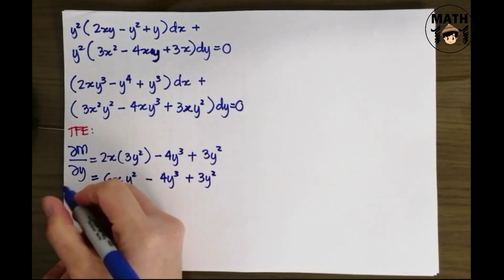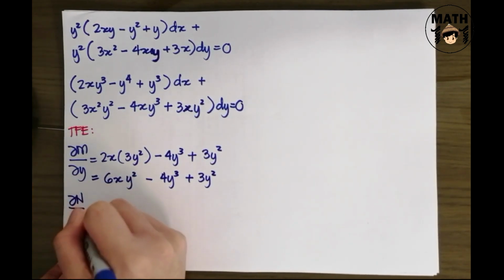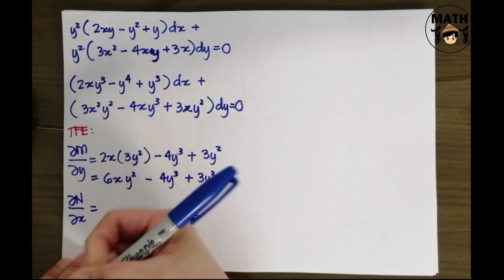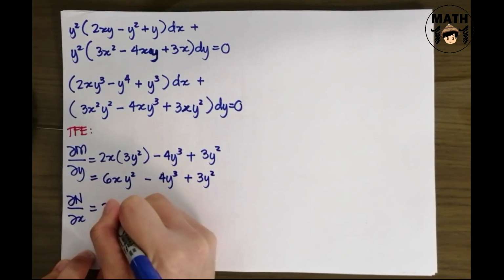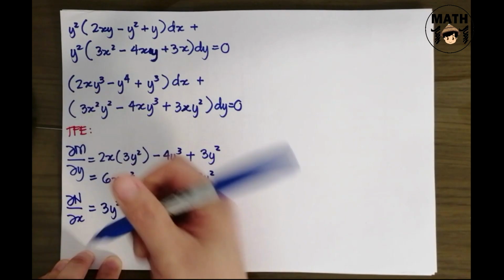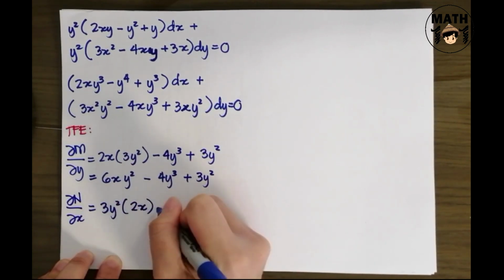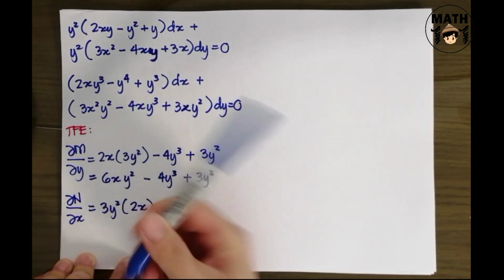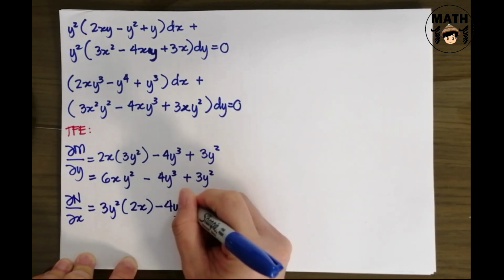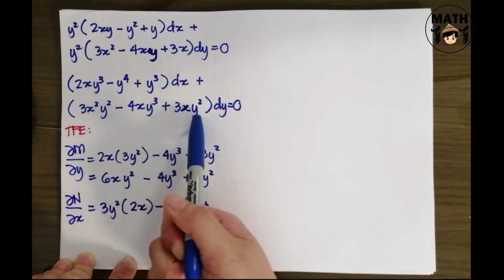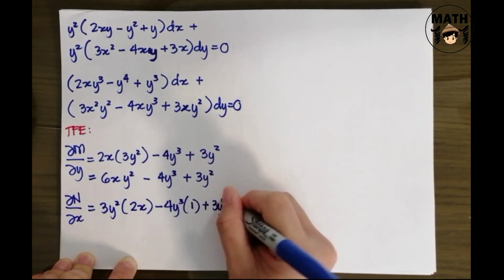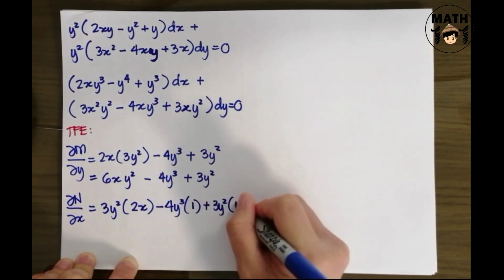Next, partial derivative of N with respect to x. Taken as constant, derivative of x squared is 2x, minus, taken as constant, derivative of x is 1, plus constant, derivative of x is 1.